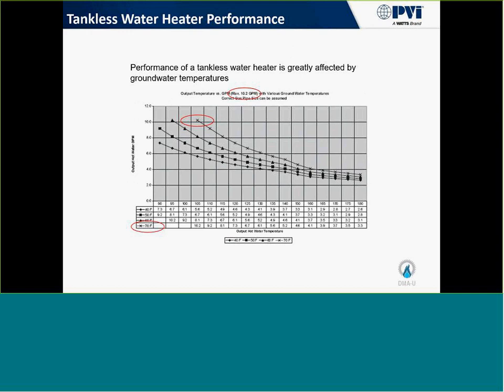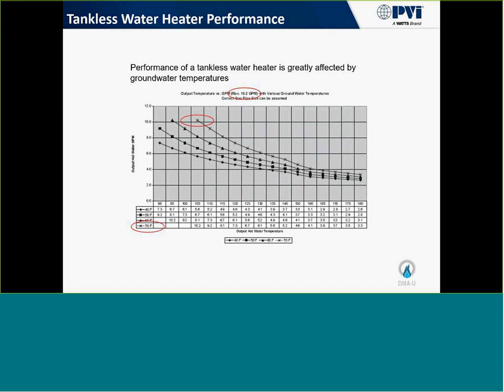So as we said before, with regard to incoming water going into a tankless, that's the most important factor for their thermal efficiency. And that's also where they judge how much water they're able to put out. So this is taken right out of a tankless water heater design and installation guide. You can see where it's certified at 10.2 gallons per minute at a 70-degree rise.